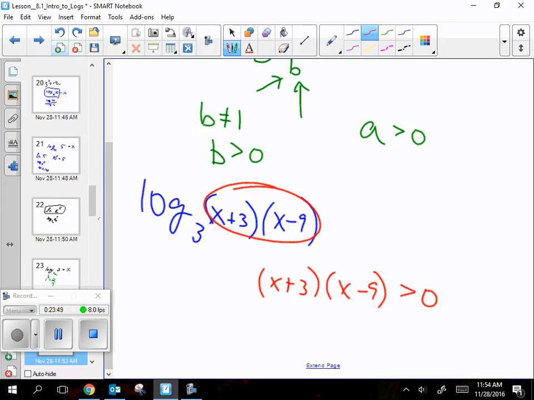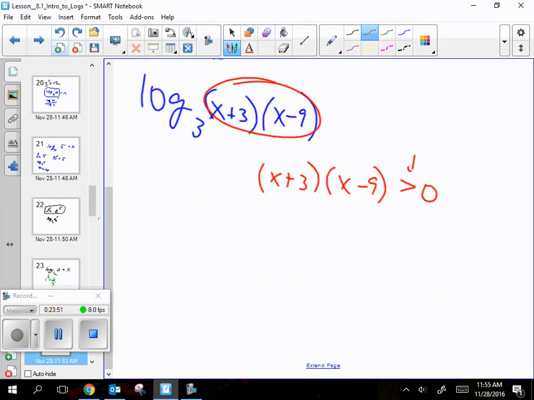And I remember me saying that that kind of looked like the tip of a number line, which is kind of a hint. 12-minute warning. So if this is a number line, what are the 2 important spots? Negative 9 and, no, positive 9 and, okay. And then these 2 spots, can it be 0? Is 0 going to be bigger than 0? No, so it can't be those spots. And then you have to test the intervals.